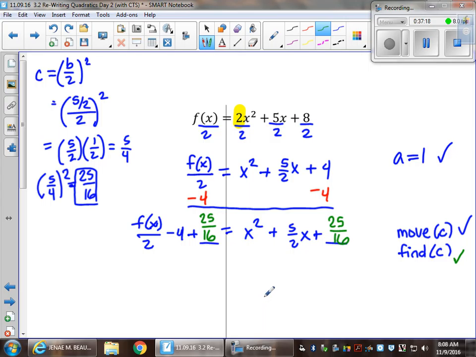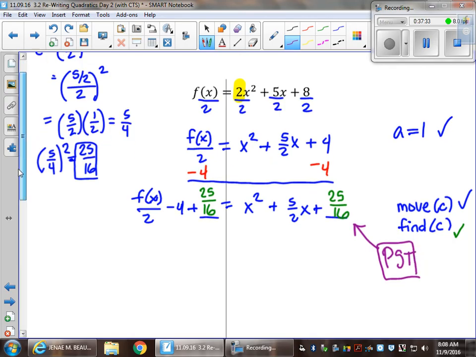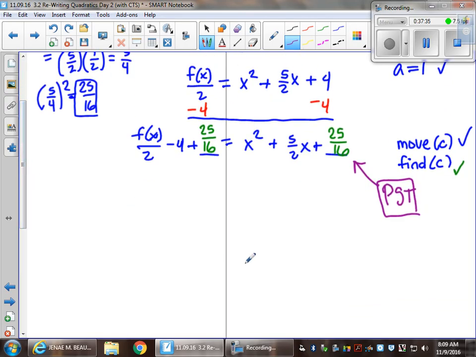Who heard what she said? Do we have a perfect square trinomial? Yes. What do we need to do with this perfect square trinomial? Okay, good. Where do we look? Who remembers? Before you squared it.